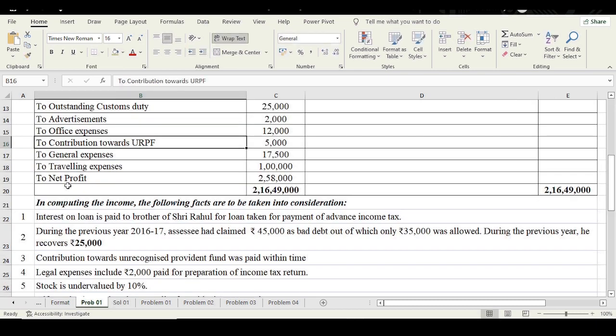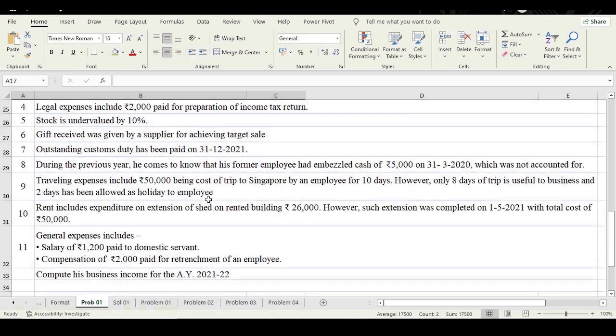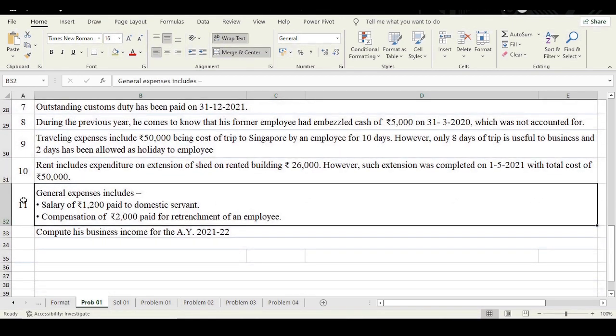The next is general expenses. General expenses is relating to business, as such it is allowed, but there is an adjustment. There are two adjustments in fact. So what is mentioned? General expenses, salary of rupees 1,200 paid to domestic servant. Domestic servant means his personal maid at home, and it is not allowed. Okay?